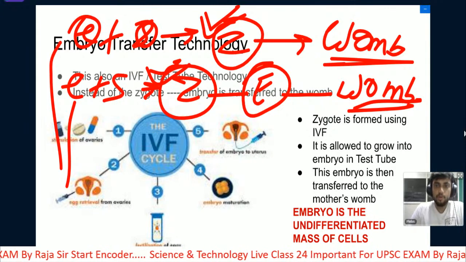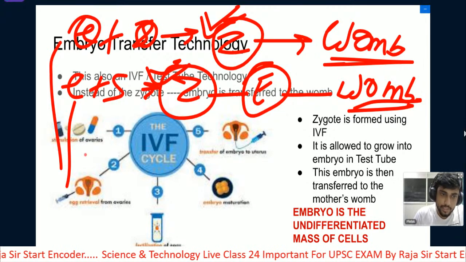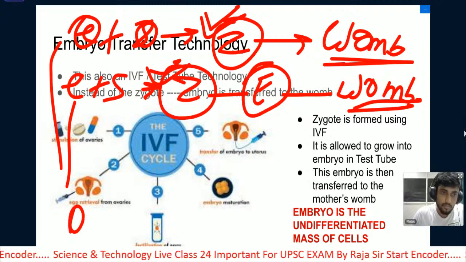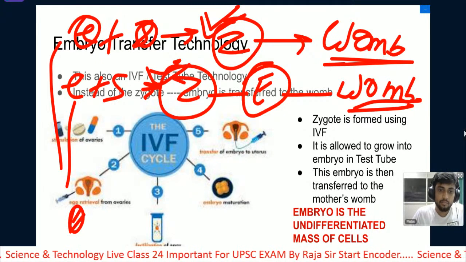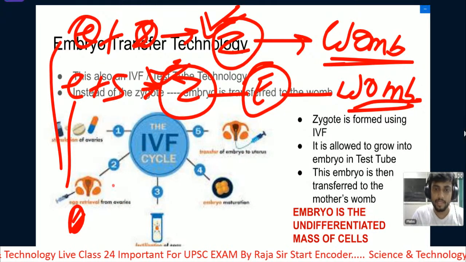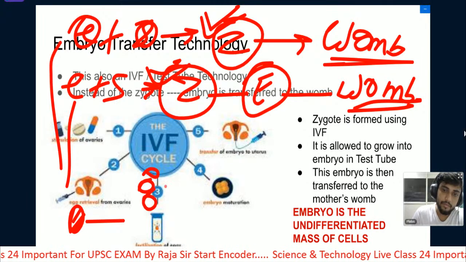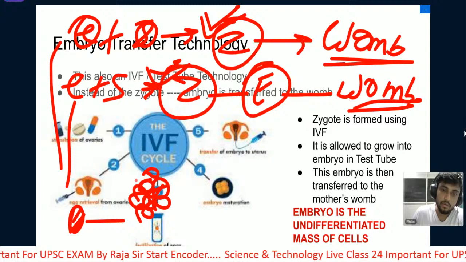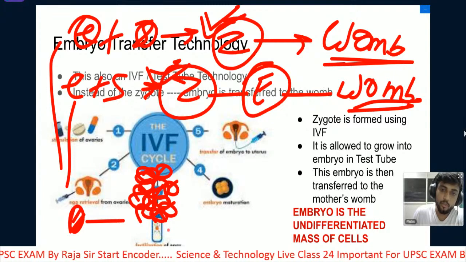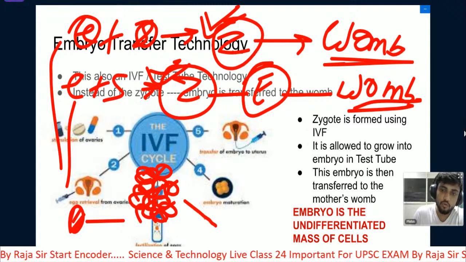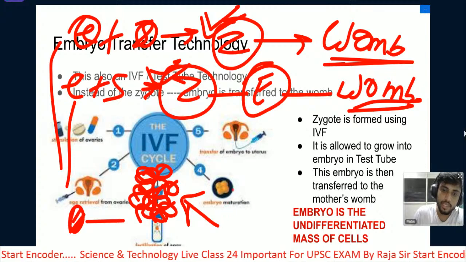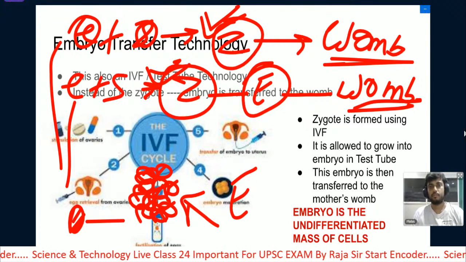We know the zygote is a single cell. The zygote is the result of fertilization, and then this zygote will divide into many cells, and this mass of cells is known as the embryo.